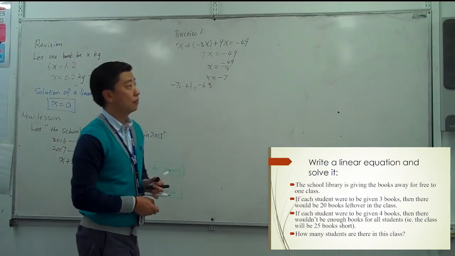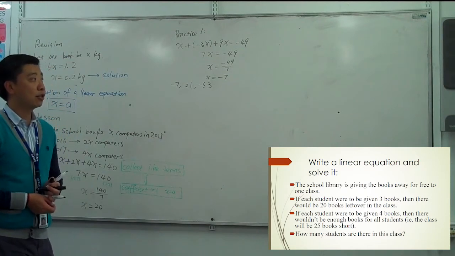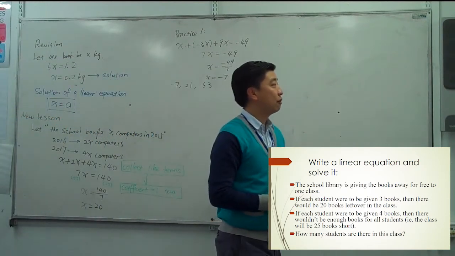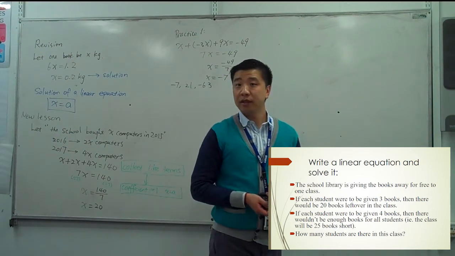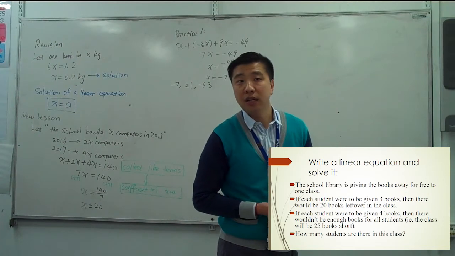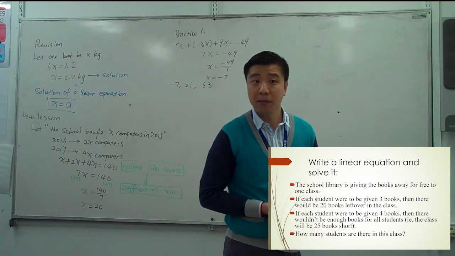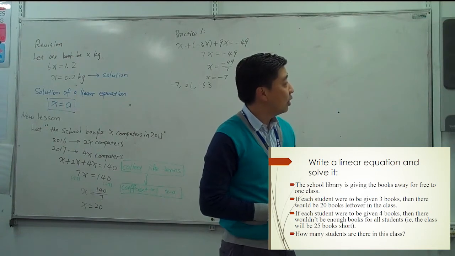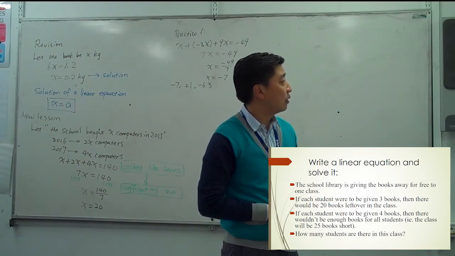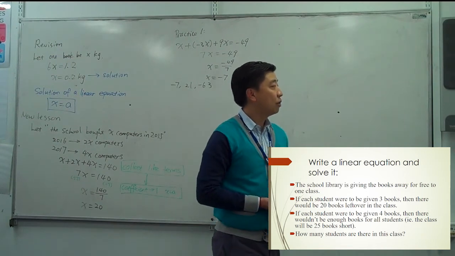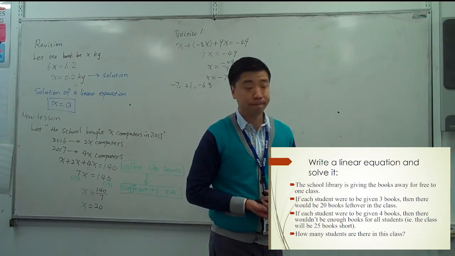Write a linear equation and solve it. The school library is giving the books away for free to one class. Every year we have to update our books in the library, and a lot of books will be for free. If each student were to be given 3 books, then there will be 20 books left over in the class.